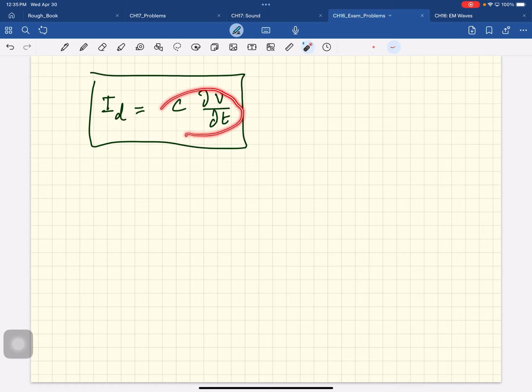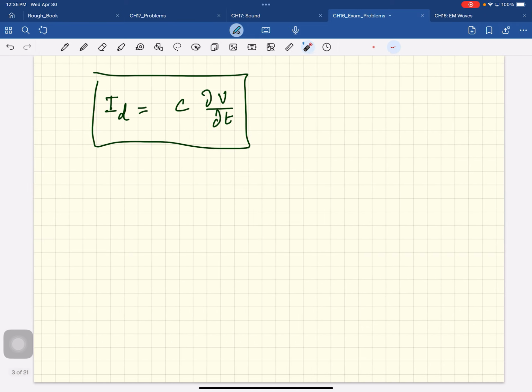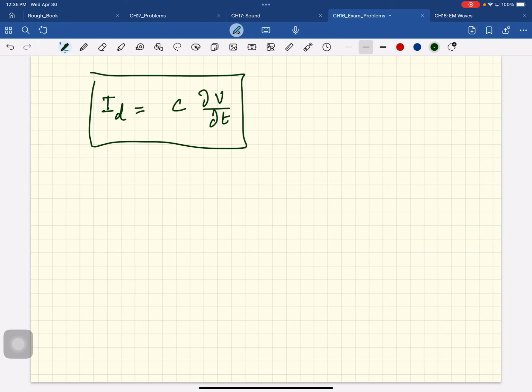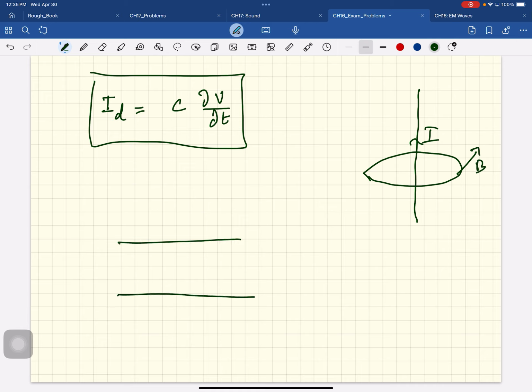Okay, this term is behaving like a current. Okay, so just like this real current produced a magnetic field like that. So when you're charging a capacitor, let's say this is positively charged, this is negatively charged.